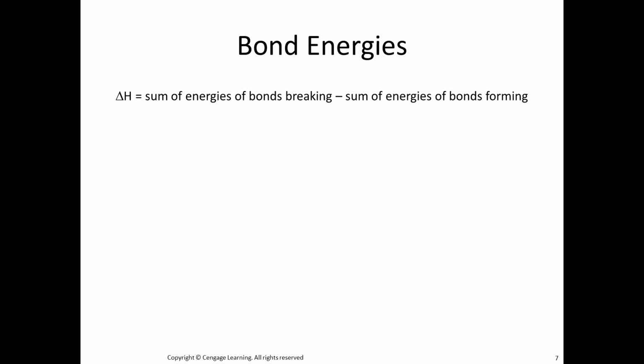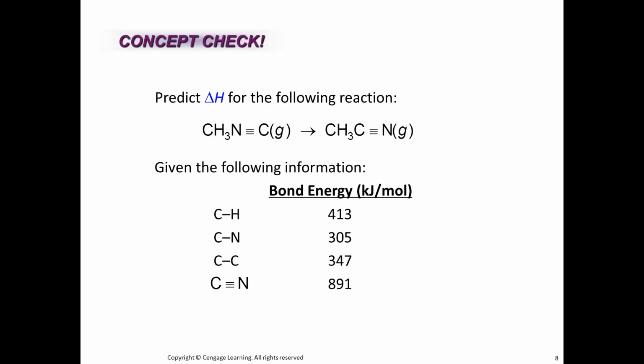Now, when a chemical reaction occurs, we can calculate the change in enthalpy for that reaction by looking at the sum of the energies of the bonds breaking minus the sum of the energies of bonds forming. We can go ahead and predict the change in enthalpy for the following reaction given bond energy data.